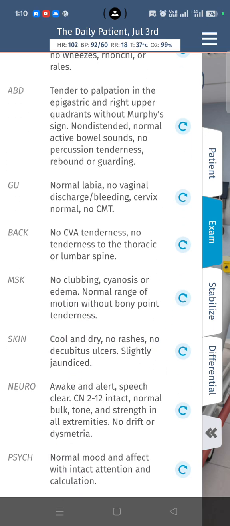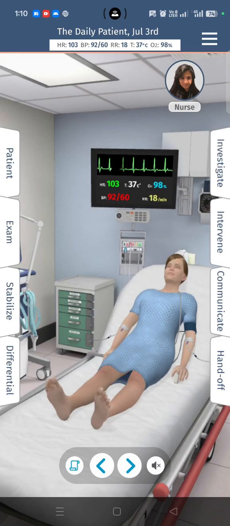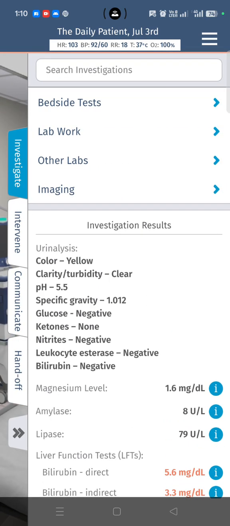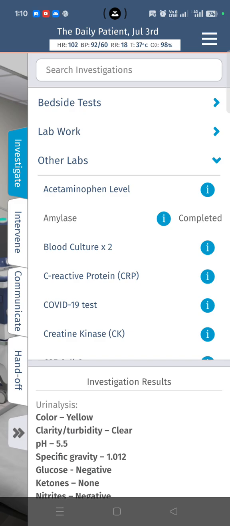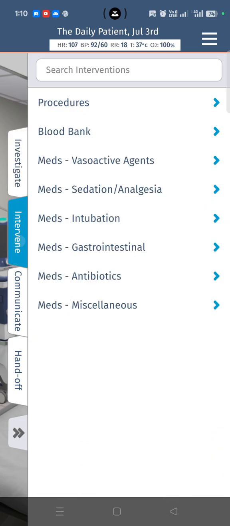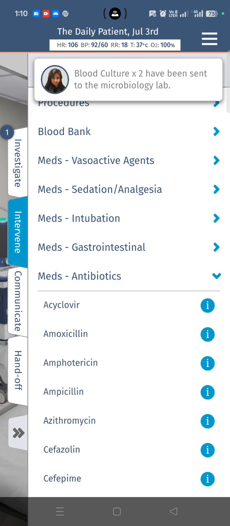Cold and dry skin also shows us that the patient is in septic shock, and the patient also has jaundice. We can add blood culture in this patient, and for intervention we can start broad spectrum antibiotics for prophylaxis.